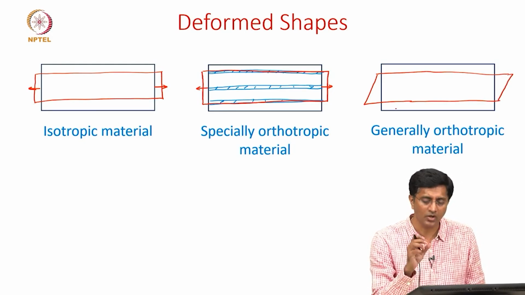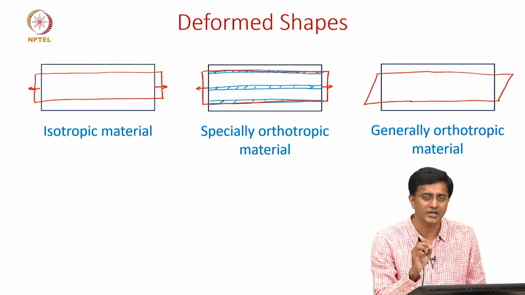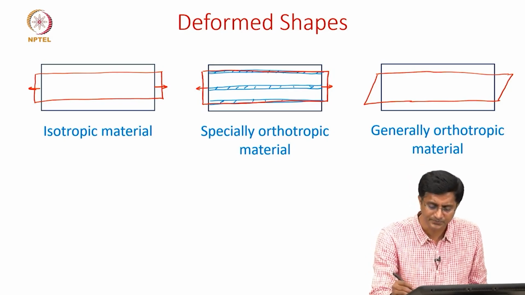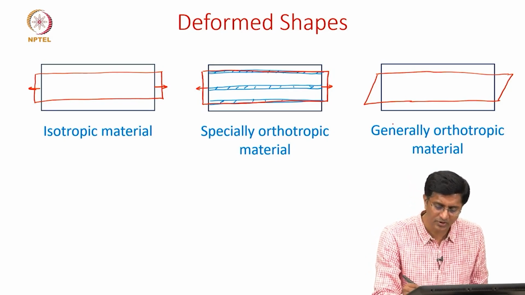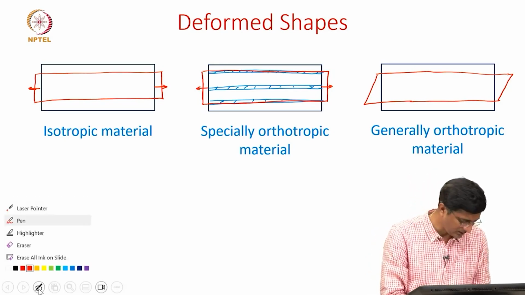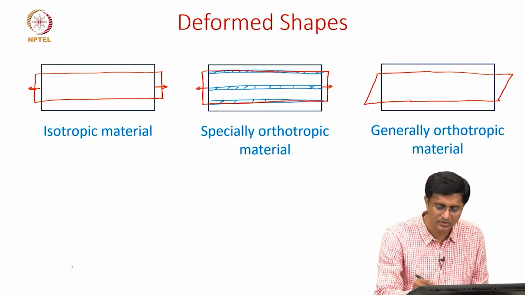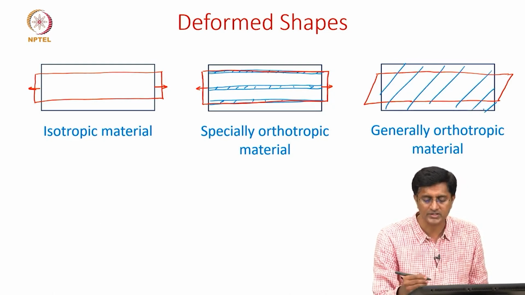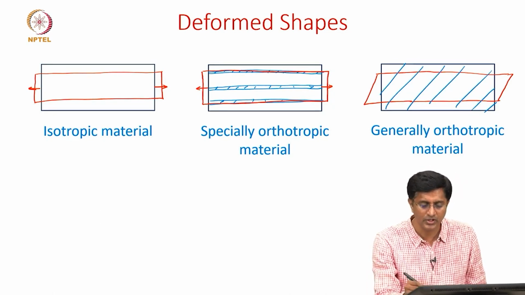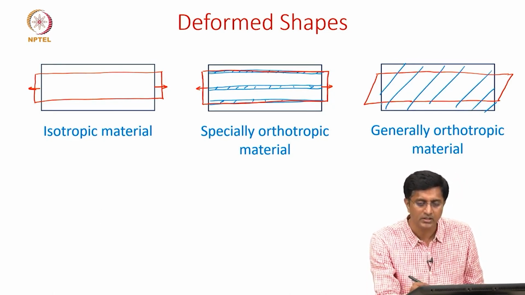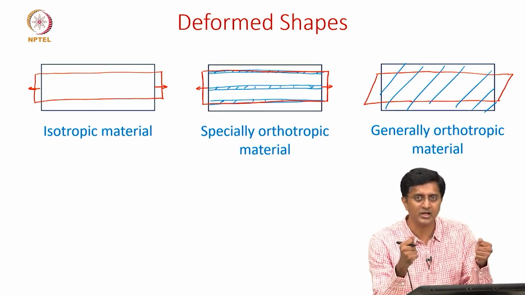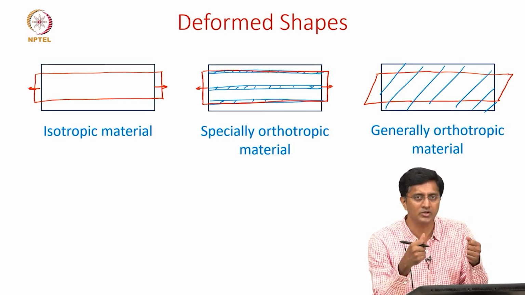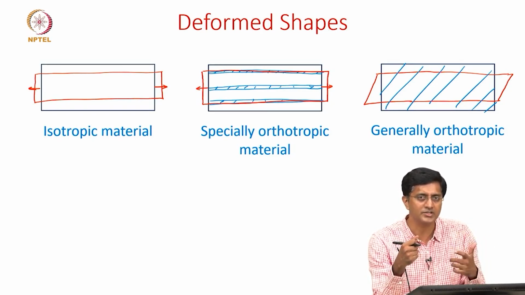Because now we have this extension shear coupling coming from the Q16 bar and Q26 bar terms. So this is for the generally orthotropic laminate, and just for completion, let's say this is a laminate with off-axis fibers. So here, in addition to the extension and normal strains along the directions x and y, it also has the shear strain.